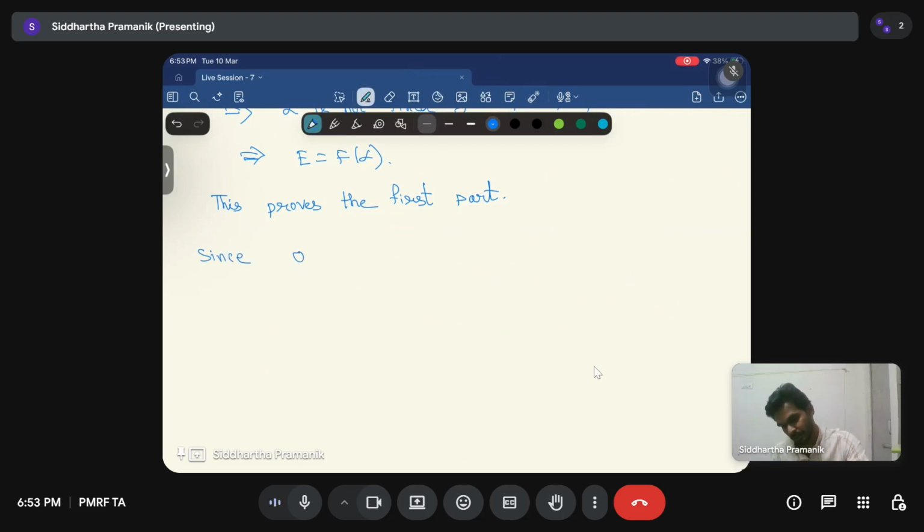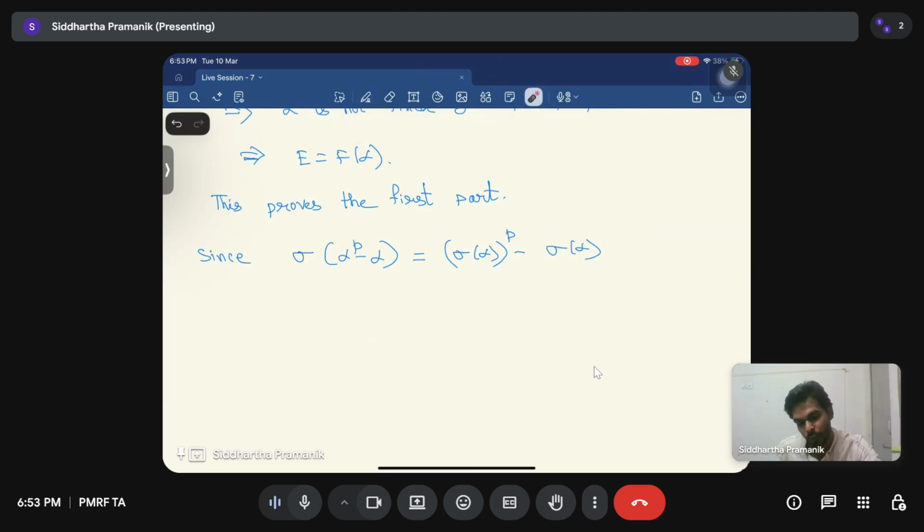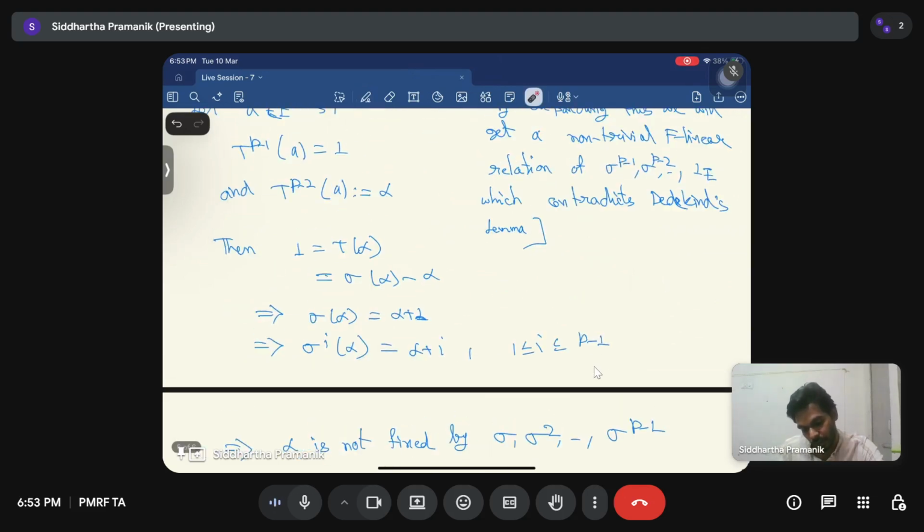Since sigma of alpha power p minus alpha is the same as sigma of alpha whole power p minus sigma of alpha, and we know the image of alpha under sigma is alpha plus 1, that we have already found.